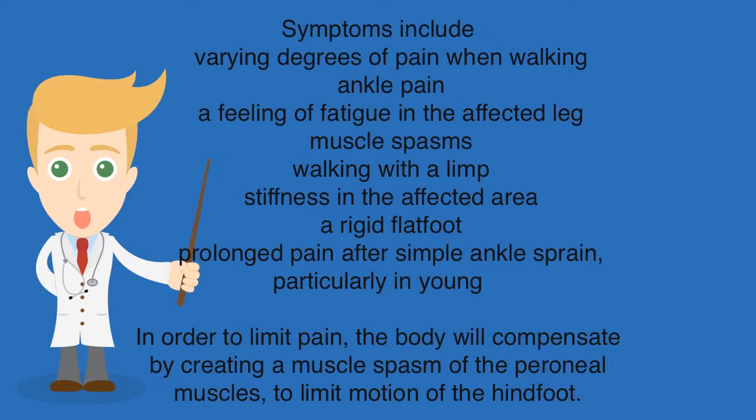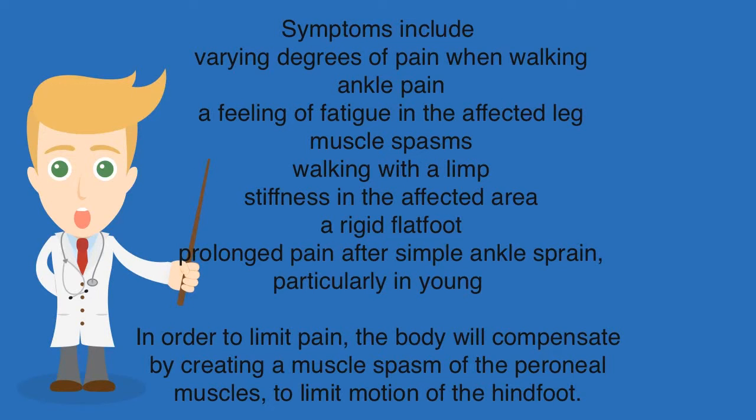Symptoms include varying degrees of pain when walking, ankle pain, a feeling of fatigue in the affected leg, muscle spasms, walking with a limp, stiffness in the affected area, a rigid flat foot, prolonged pain after simple ankle sprain, particularly in young.